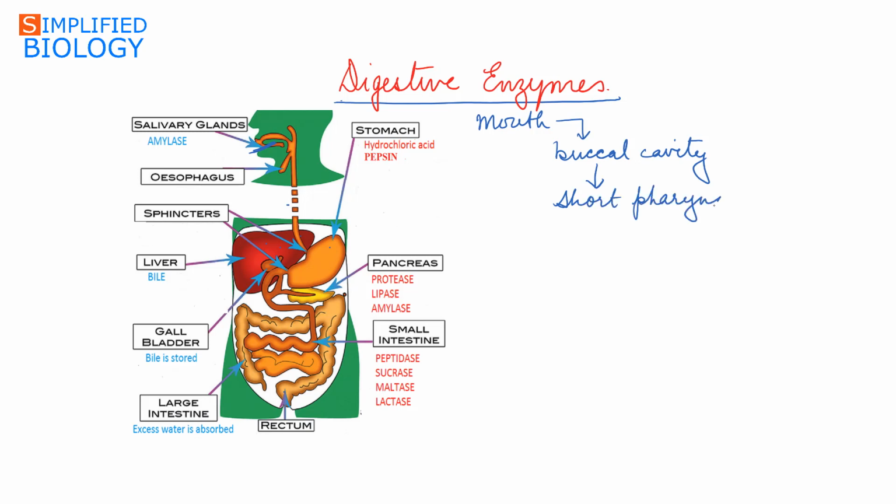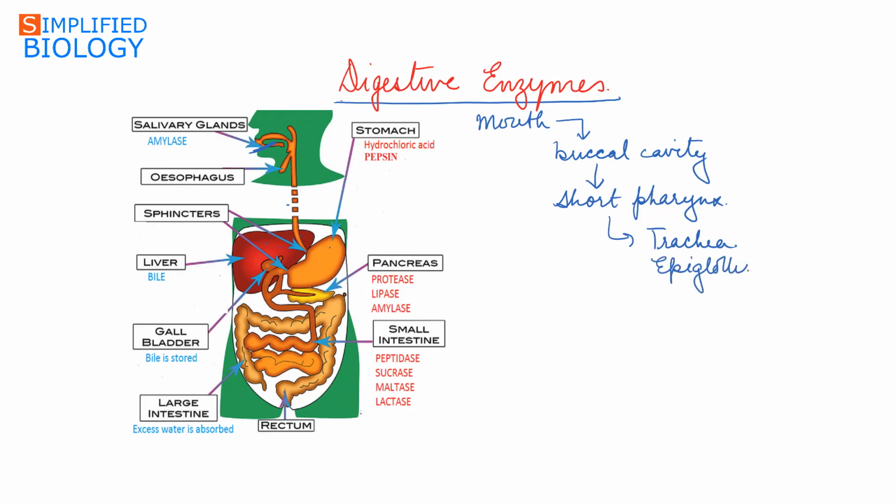Now, pharynx is a common opening for both food and air, as both the trachea and the esophagus open at the pharynx. The food is prevented from entering the trachea, that is the windpipe, by the presence of a cartilaginous flap called epiglottis.